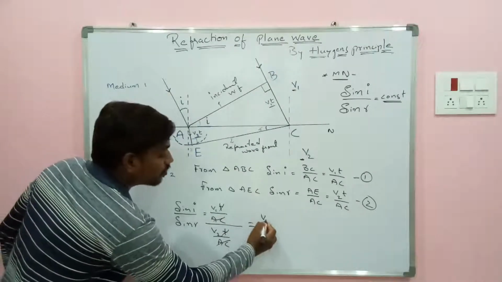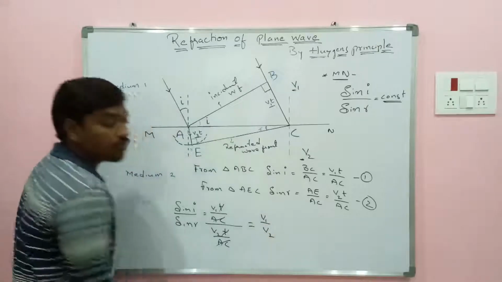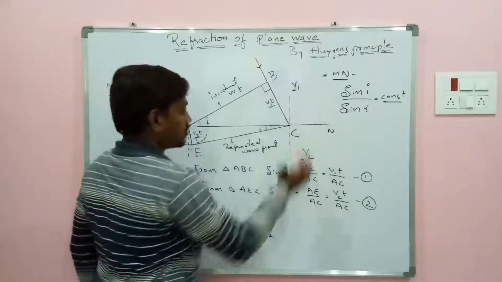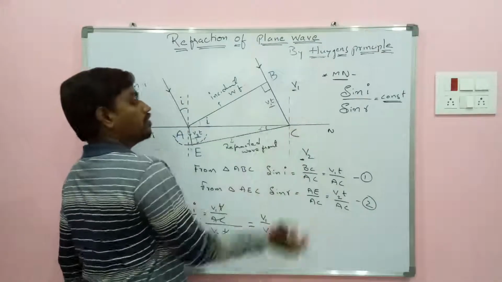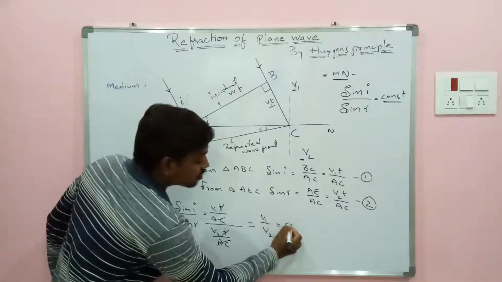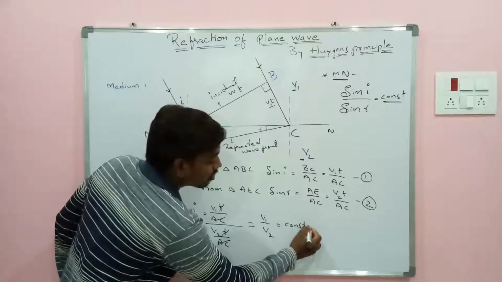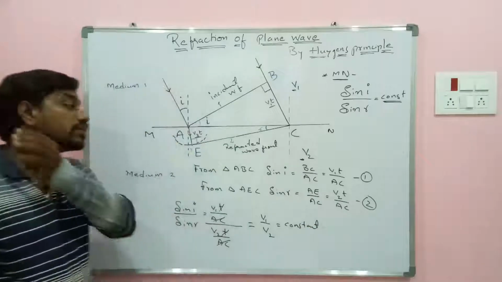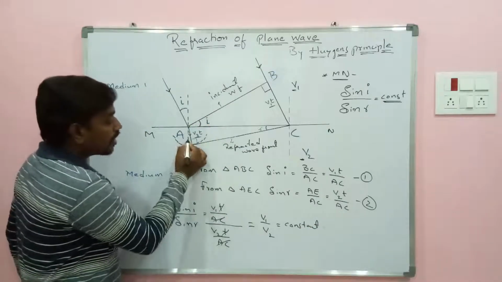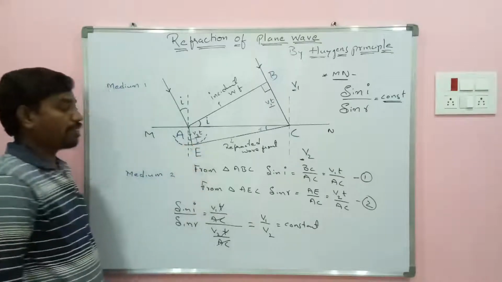Finally we get v1 by v2. The velocity of the wave in a given medium is always constant, whether it is v1 or v2. So a constant by a constant is a constant.